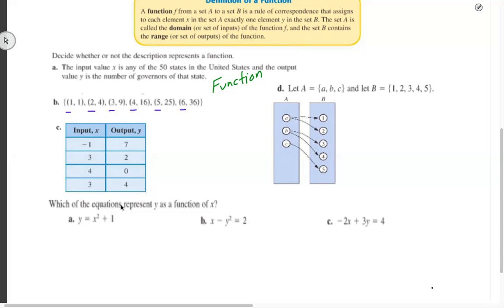Do any of those numbers repeat? No, so that's a function. The telltale sign that something is not a function is if the x value repeats. So number 2 is a function.